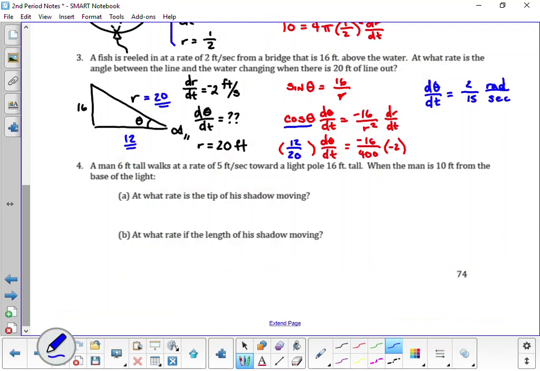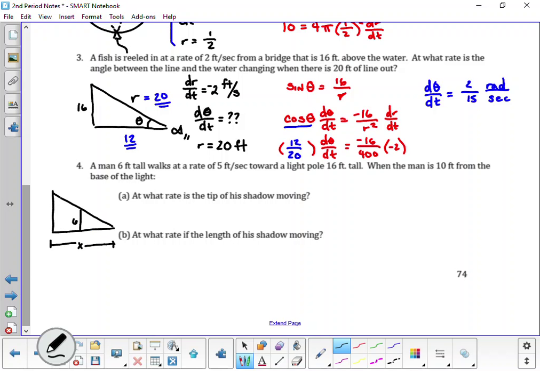So there's 2 problems for this one. These are similar triangles. For the first one, we want to know the rate of the tip of his shadow moving. That's this distance, from here to here. This guy is 6 feet tall, so this never changes.